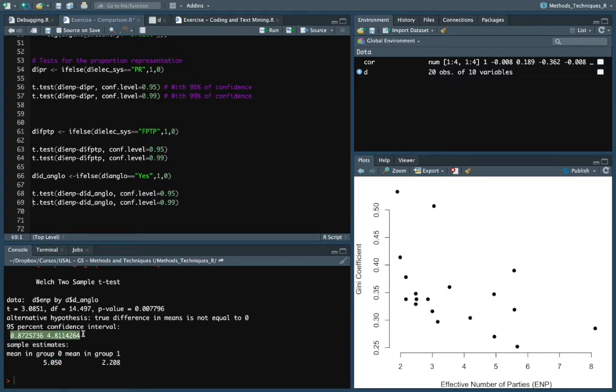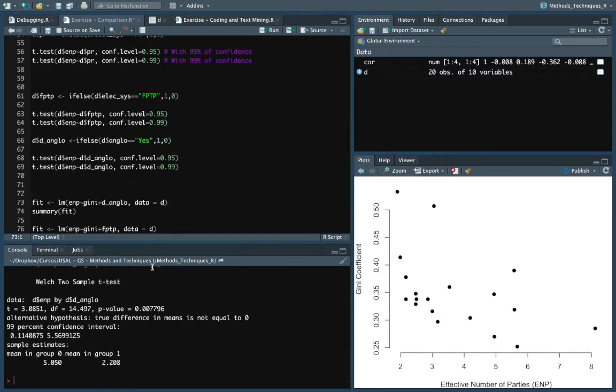The interval is also above 0, so they really have lower rates than the other countries. If I increase the level of accuracy, it stays above 0. It does not cross.